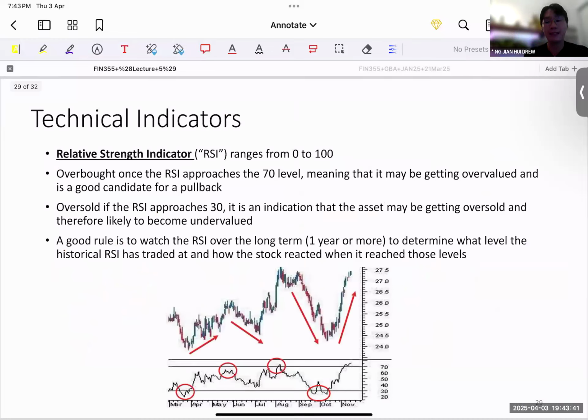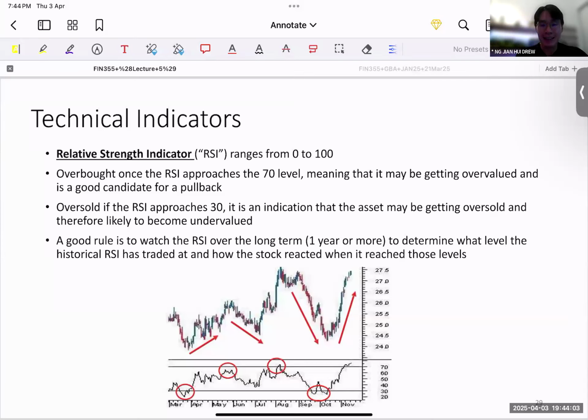Okay. Then we have this thing called RSI, the relative strength indicator. So, I think some of y'all have mentioned that you are doing your CFA. So your CFA has a lot more detail on technical analysis, including how to do the calculations of RSI.